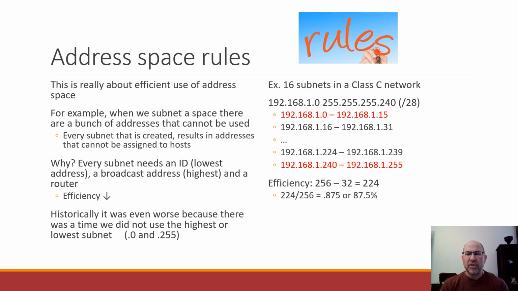I put some of the address space there, but you can see the number of addresses that we can't use because of the rules we just talked about would be 32: 16 for the subnets and 16 for the broadcasts. So we only have 224 usable addresses in the space, or an efficiency of 87.5%, which is pretty doggone lousy, but that's the cost of doing business. And that doesn't even count the addresses that you would burn for the routers.